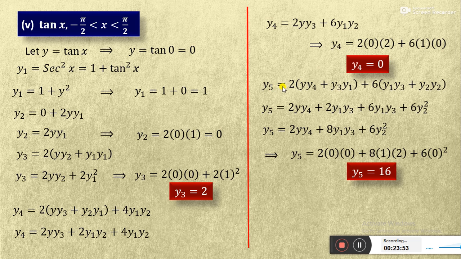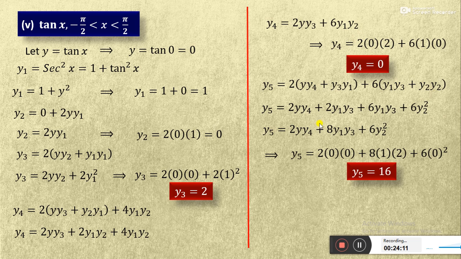Therefore y5 equal to 2 into, again I differentiate y into, differentiation of y3 is y4, plus next y3 into the differentiation of y is y1, plus 6 into y1 into differentiation of y2 is y3, plus y2 into differentiation of y1 is y2.